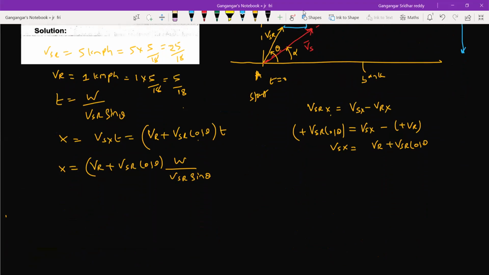What is X? 400. Value of X is 400, equal to VR 5 by 18. VSR is 25 by 18. Cos theta 400. VSR value 5 by 18 sin theta. I think that 18 will cancel out, 400 will cancel out.